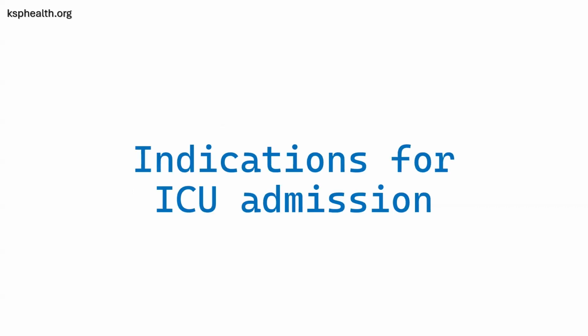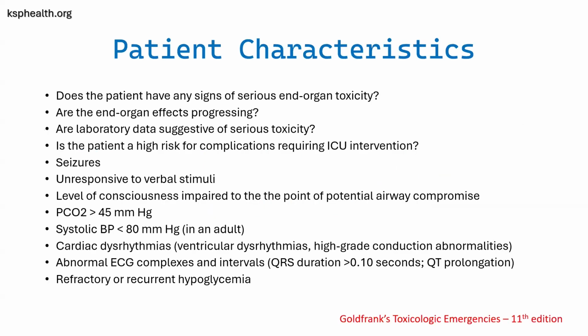So when to admit this patient to the ICU? There are patient characteristics and xenobiotic characteristics. Does the patient have any signs of serious end organ toxicity, like renal failure, cardiac, or brain? Or are the end organ effects progressing? Or is lab data suggestive of serious toxicity?